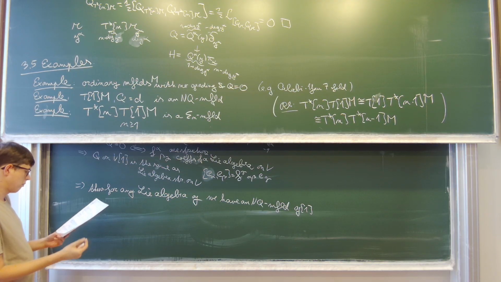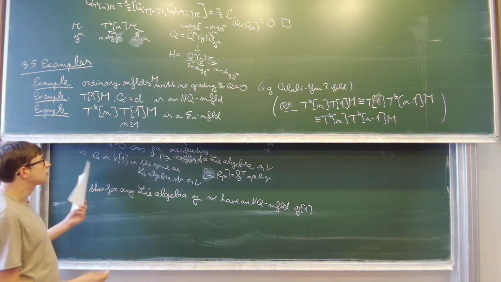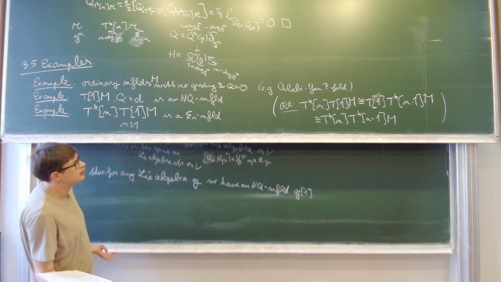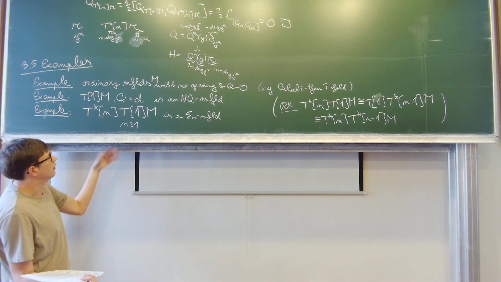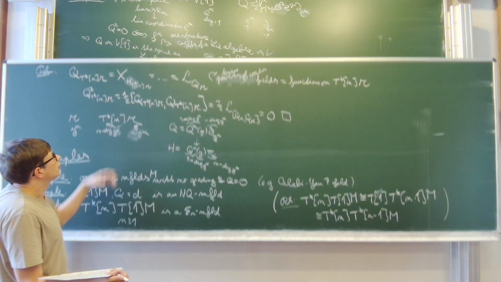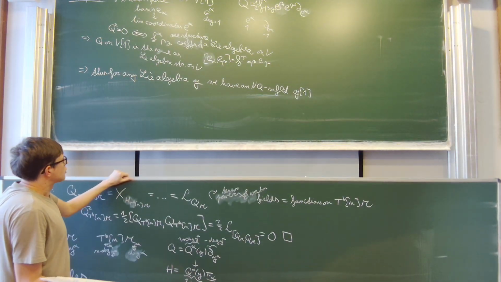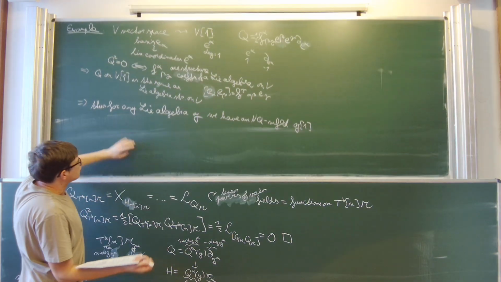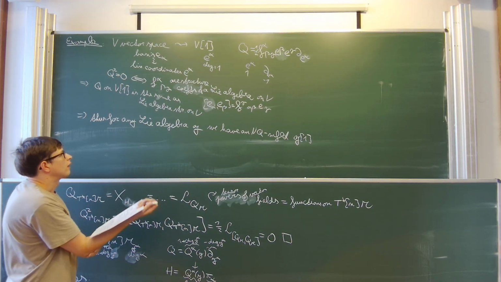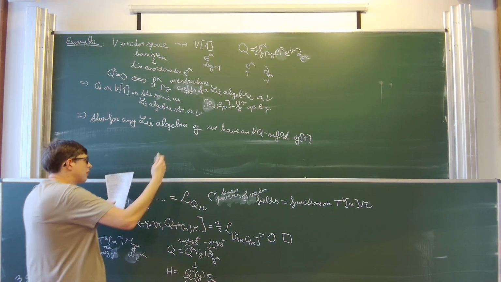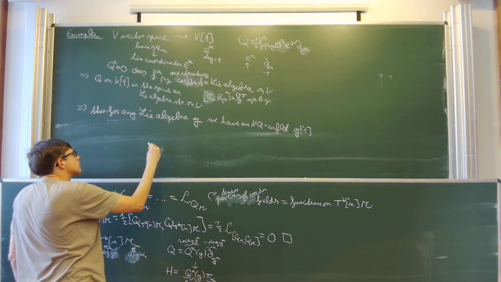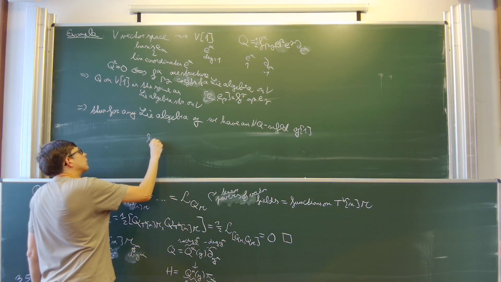Now, just maybe a side remark. Let's remember what it really means to have an NQ structure. We have a vector field which squares to 0, which acts on the functions in a way that it raises the degree by 1. So what are the functions on this?